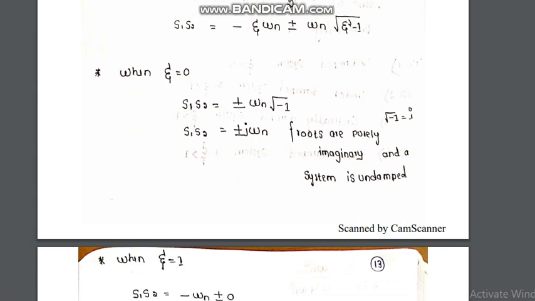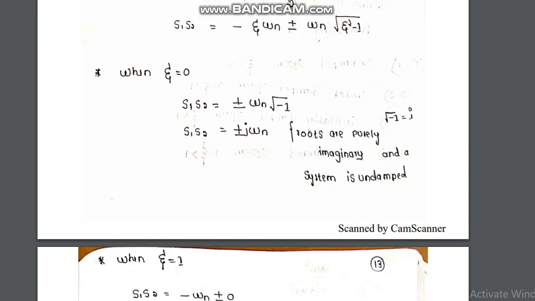If zeta is equal to 0, the first term will be 0, and zeta square is 0, so we have square root of minus 1. We know that square root of minus 1 is j. So if I substitute j here, then s1 comma s2 is equal to plus or minus j omega n. So if zeta is equal to 0, the roots are purely imaginary, with no real terms, and the system is undamped.